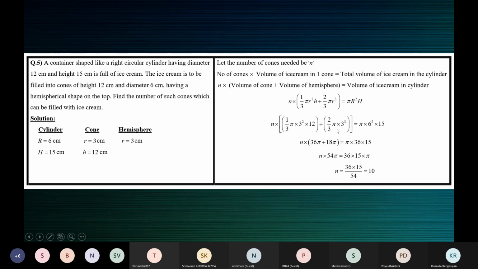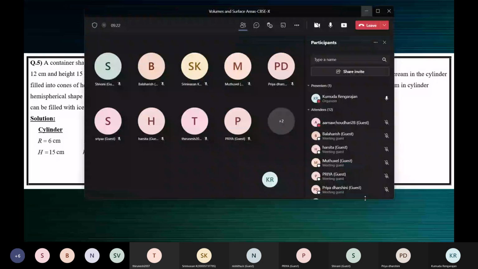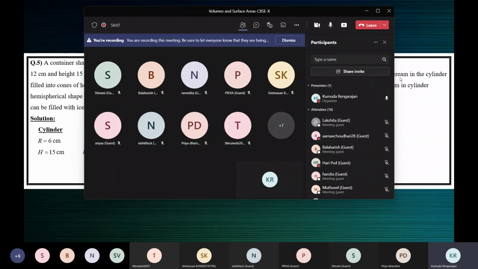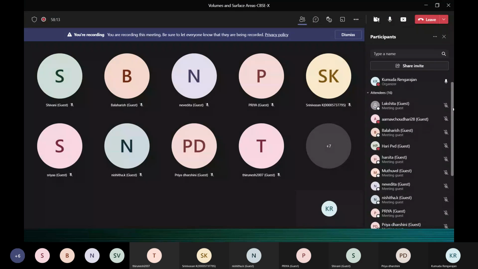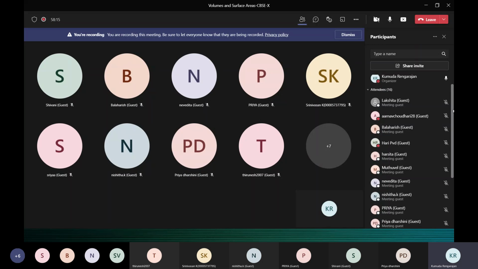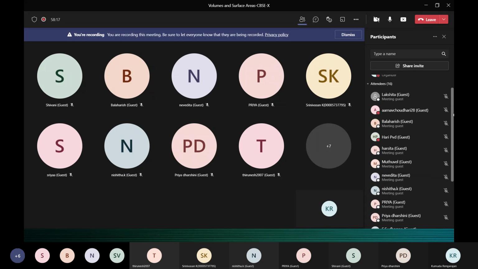Please look at your notebook and tell me, children. Oh, there are 16 of you. Then why no response? Class, use the emoji. Raise your hand.